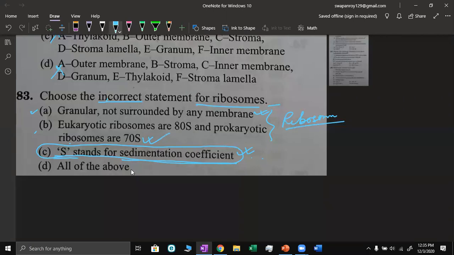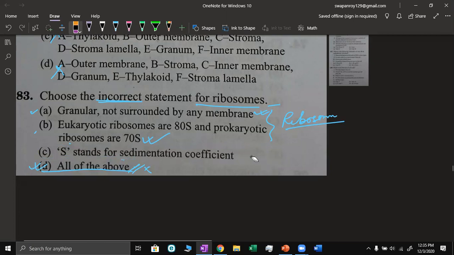So then this one we can see, this will come as an answer. This cannot be that all of the above are incorrect. All are correct statements. This one is wrong.